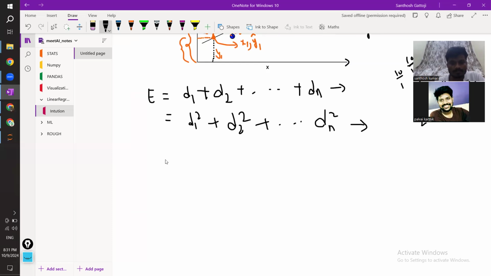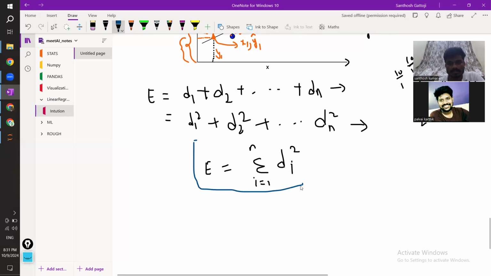So now our error can be written in simple form as the summation of i equal to 1 to n of d_i square. That means just from d_i, you replace i from 1 to n, so d1 square and so on; you expand and get that summation notation.